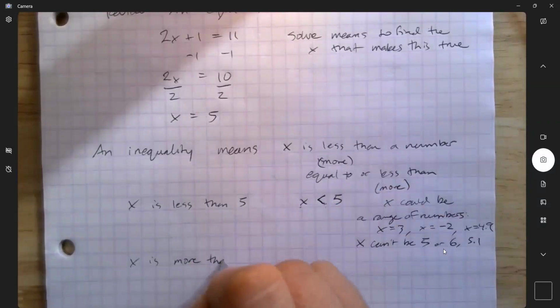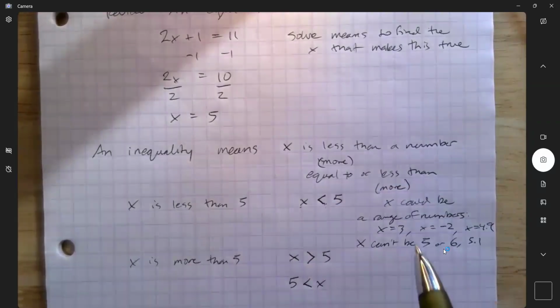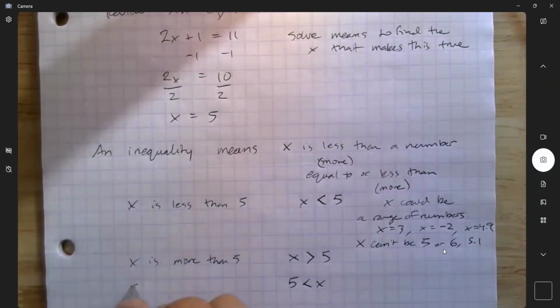X is more than 5. We turn the symbol around. And sometimes we write it where we put the 5 on the left. If I were to say this in words, this is 5 is less than x, because x is more than 5.